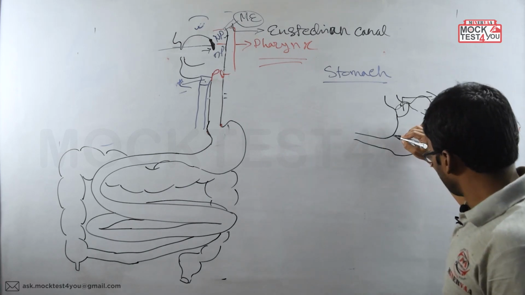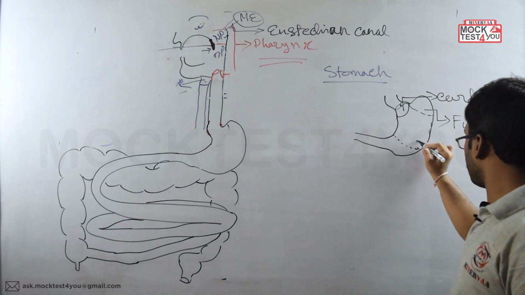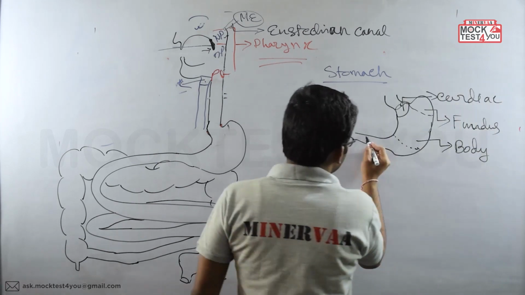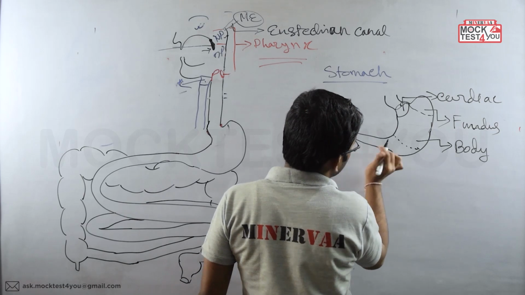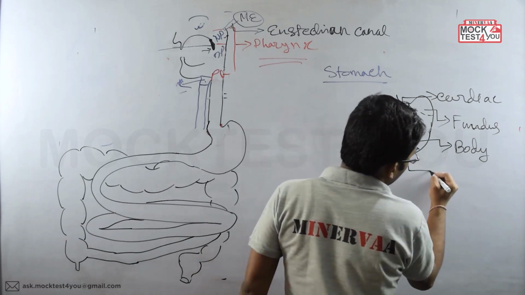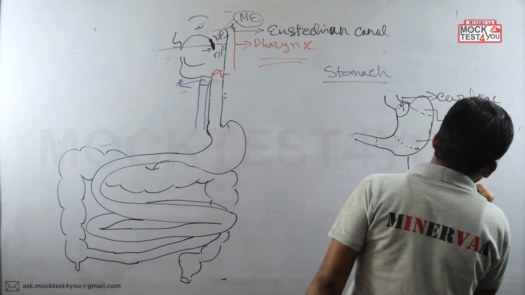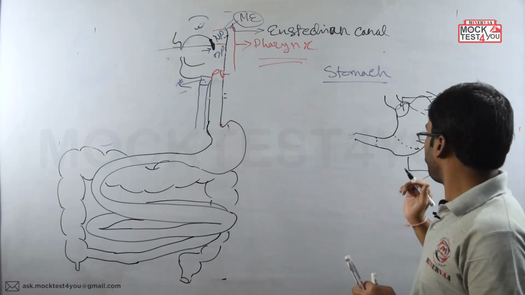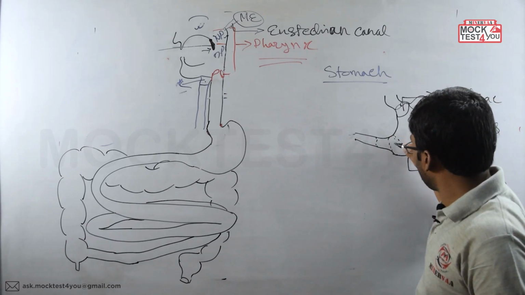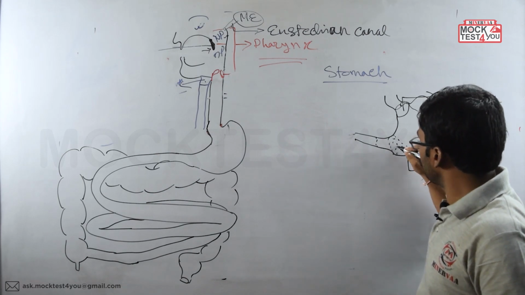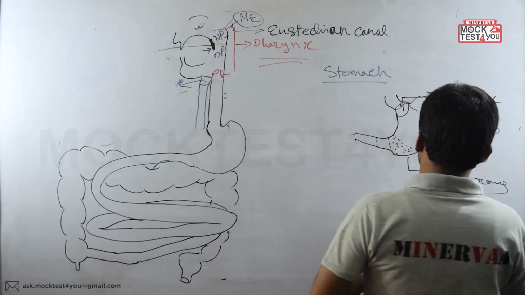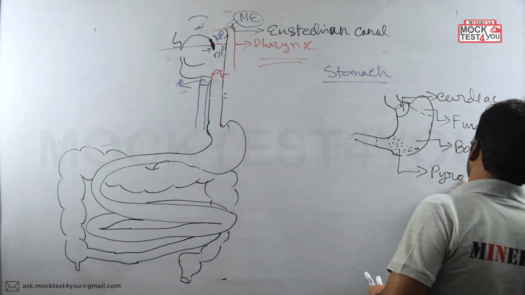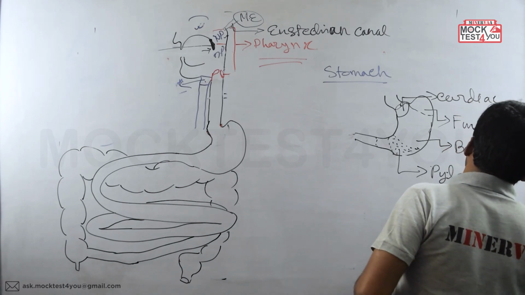After the fundus, this whole area is called the body of the stomach. Below the body, this area is called the pylorus region. The pylorus region has 2 different parts. The first portion, where a cavity is present, is called the pyloric antrum.